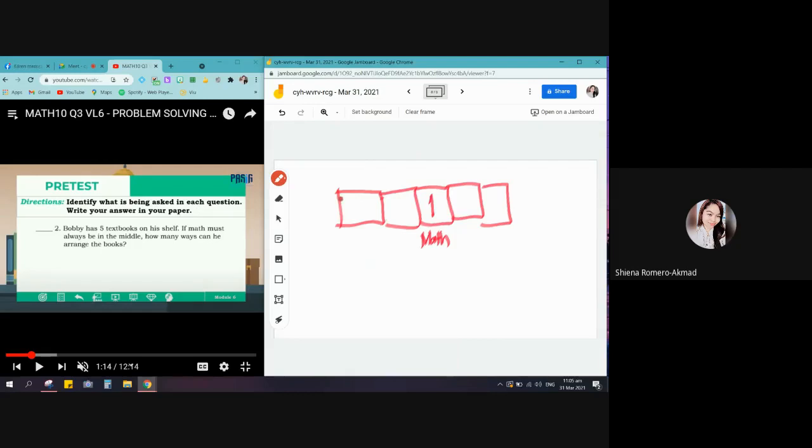Okay, so kung lima yung choices niya, yung math nandito, ilan na lang? 4. So that's 4, dito 3, and 2, and 1. So dito makikita nyo that we have 4, 3, 2, 1, or simply that's 4 factorial times 1, which is equal to 24. So pwede natin sabihin that we have 1 factorial times permutation of 4 taken 4 at a time.